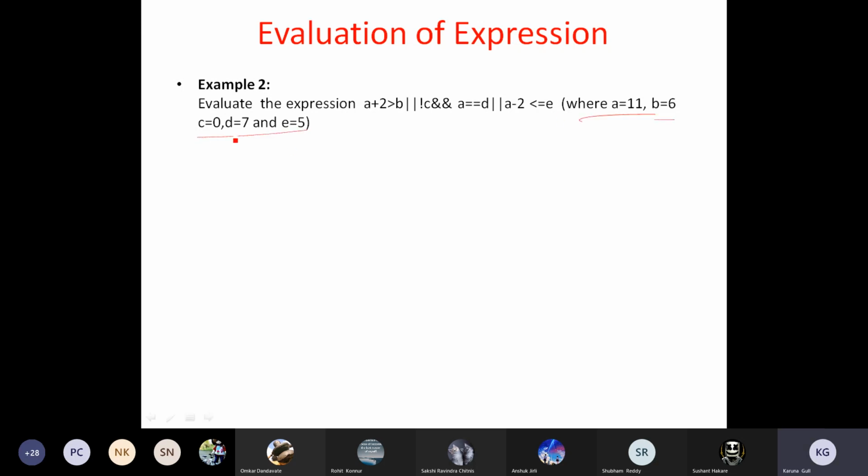Out of 10 question papers I have seen, in 6 to 7 this question has appeared.